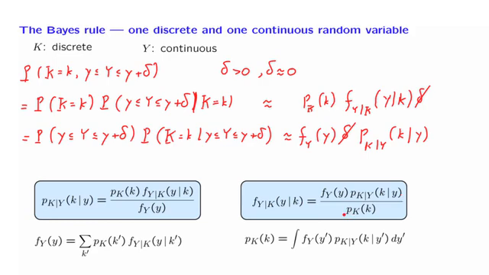Now there's no y in the denominator, so the integral of the numerator divided by the denominator has to be equal to 1, which means that the denominator must be equal to the integral of the numerator when we integrate over all y's, and this is just what this expression is saying. So what we will do next will be to consider one example for each one of these two cases of the Bayes rule that we have just derived.